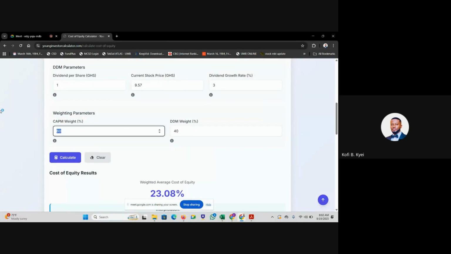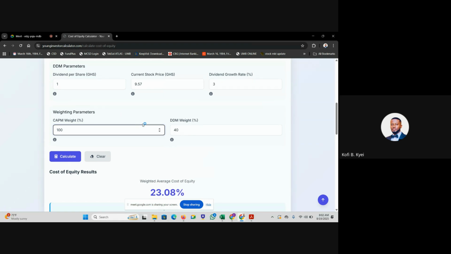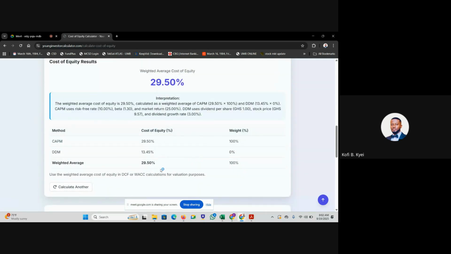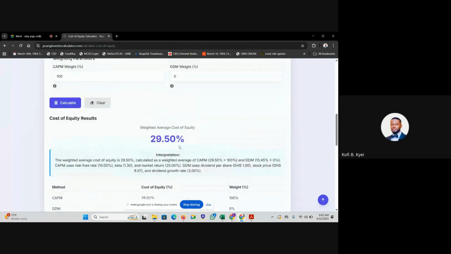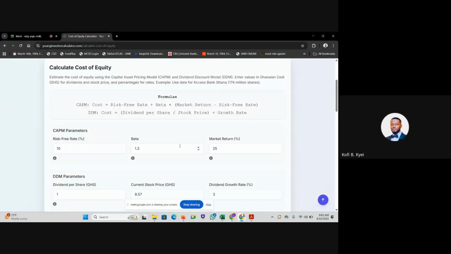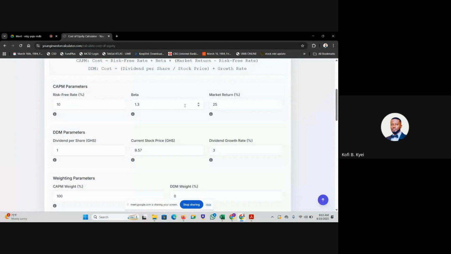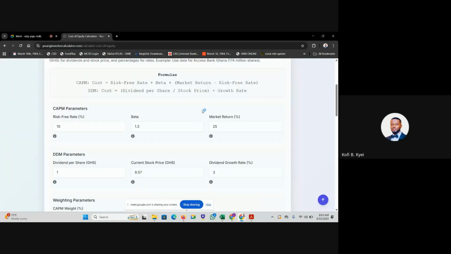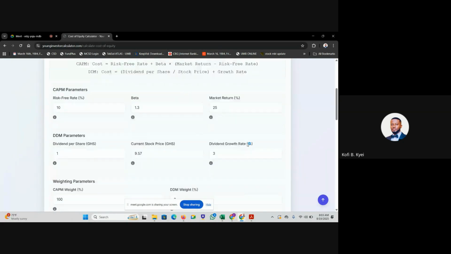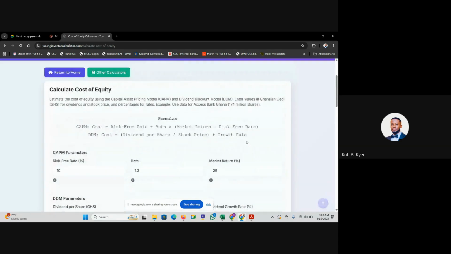If you use 100% for CAPM and 0 for DDM, your weighted average will come up to the CAPM figure of 29.50. So this is it in case you don't want to apply the Excel calculation and want the easier way.